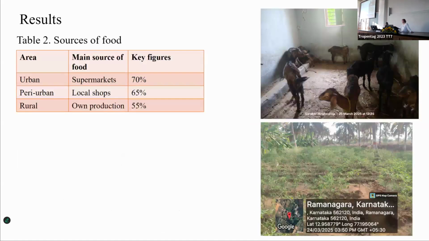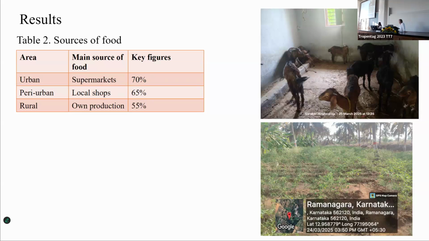We had classified the sources of food into five.